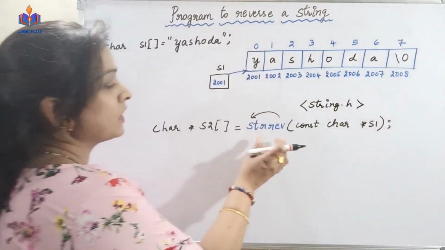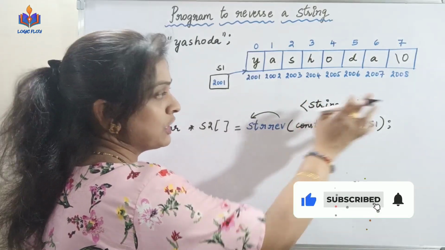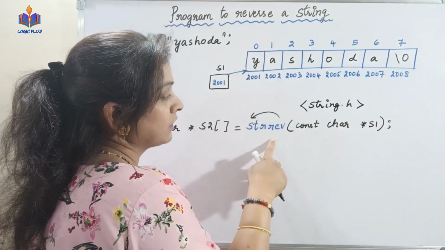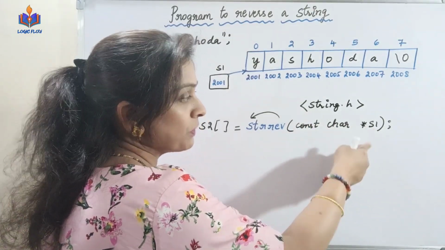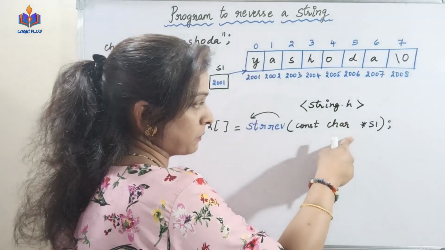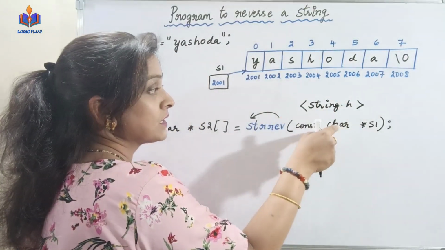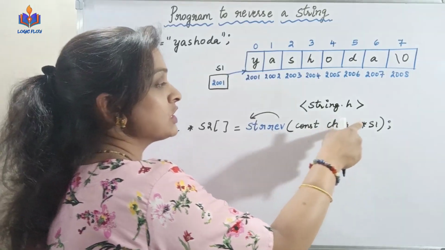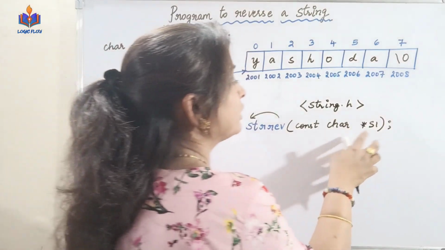In order to get the definition of string reverse, we need to include the header file string.h. It takes one argument, which is a character pointer, because we need to point to a string. So it is a pointer to string.